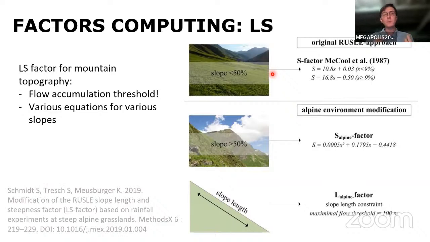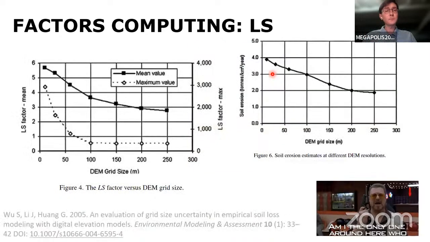A second assumption was done by Simon Schmidt, where they suggested to use various equations for slopes with different steepness, and this allows to scale the LS factor especially for mountain areas or for areas with a really diverse topography, if I might say so. This one was really helpful.